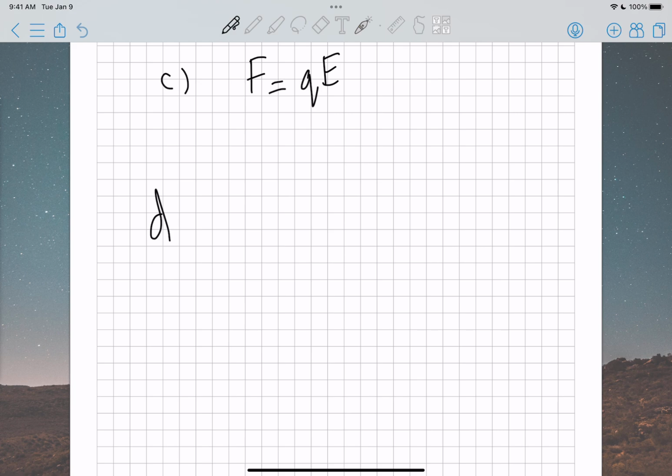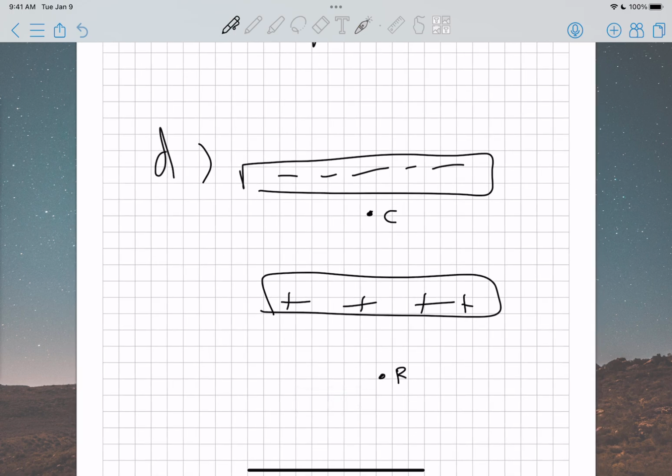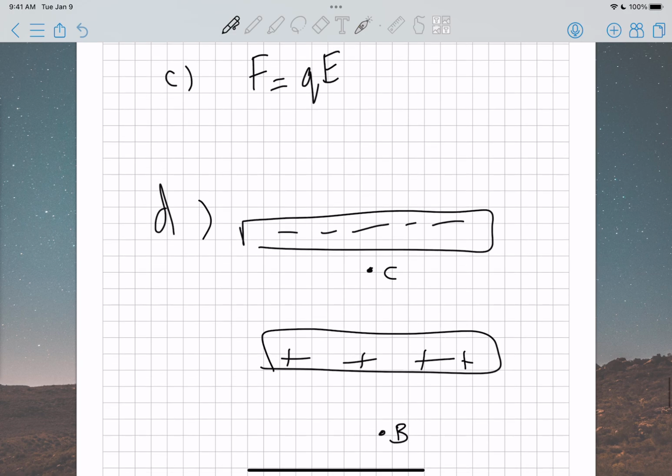So if we have a negative sheet charge like this and a positive sheet charge like that, and we look at point C and point B, and looking at point A, what would be the direction of the electric field for 1 and 2? How would 1 point and how would 2 point?